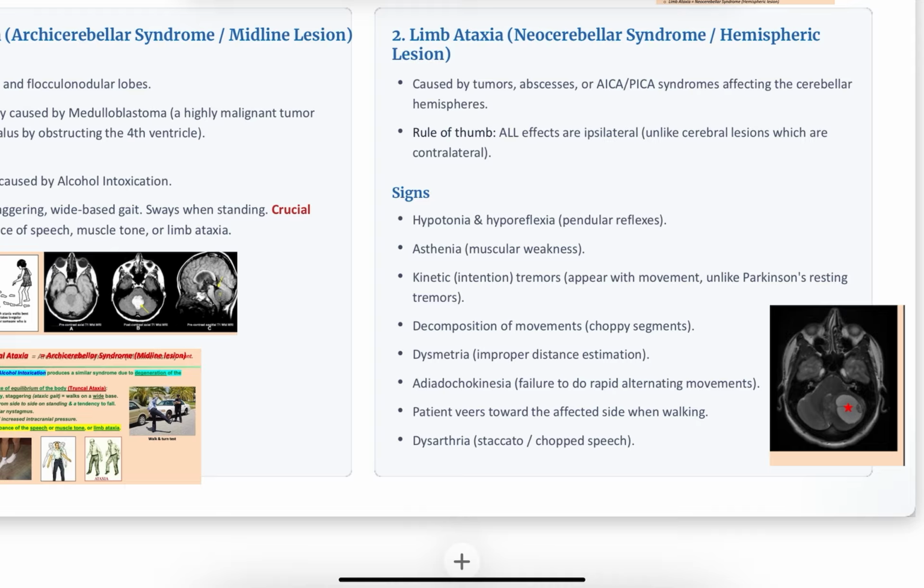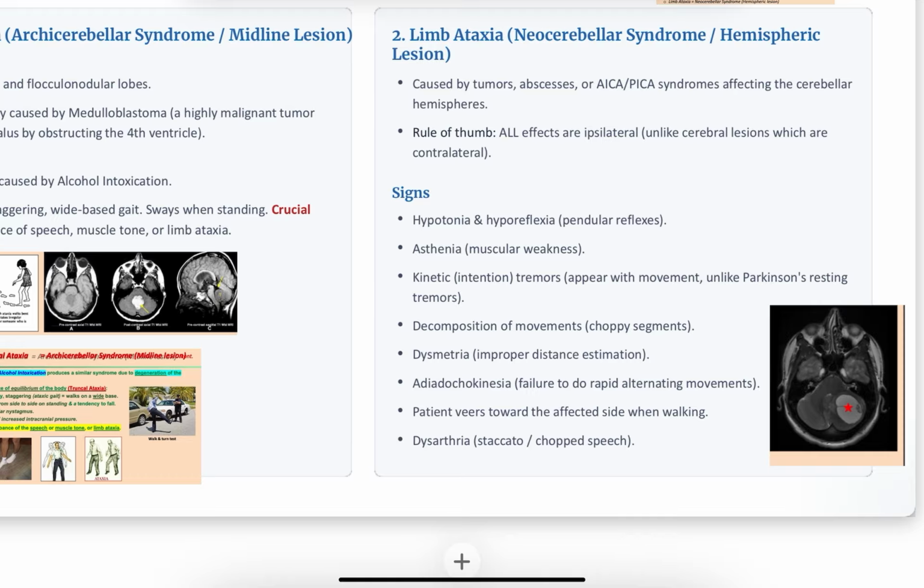The resting tremor is for Parkinson's. It also can be a decomposition of movement, meaning movement becomes broken down, or choppy. It's not smooth. Dysmetria, for example, the patient will have difficulty estimating the distance, for example, in the nose to finger test. Adiadochokinesia, which is when the patient won't be able to perform rapid alternating movements.